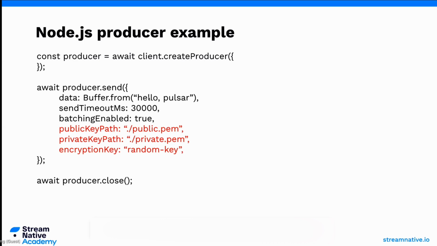So this is kind of how the end-to-end encryption works. Also, await close, right? All the functions support await, putting your function code onto the event loop. So this is a producer.